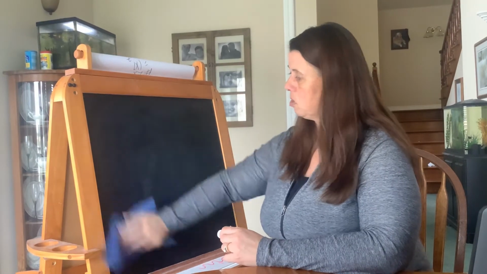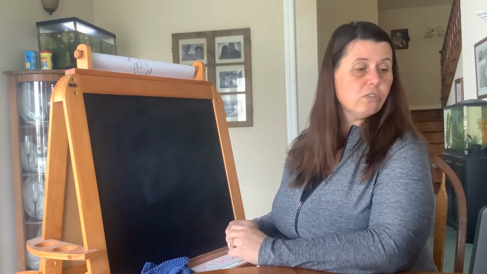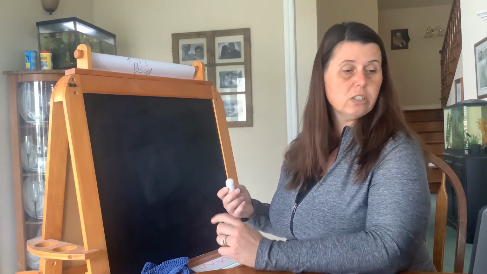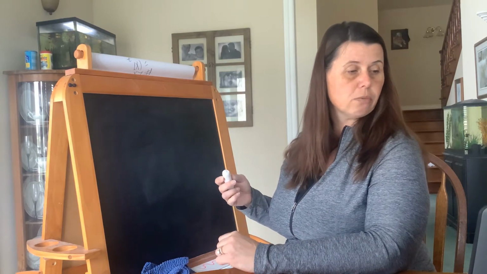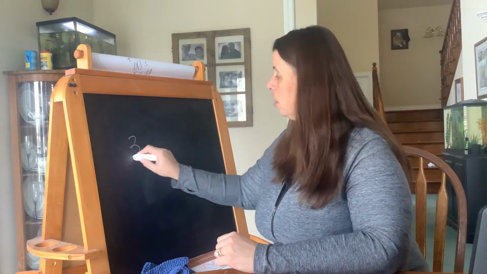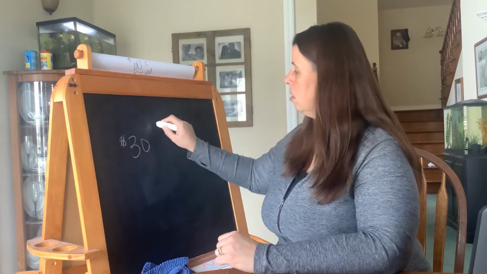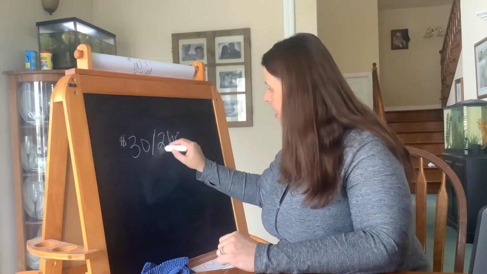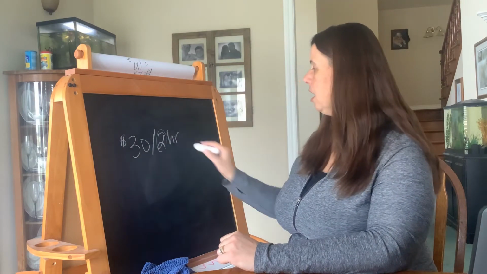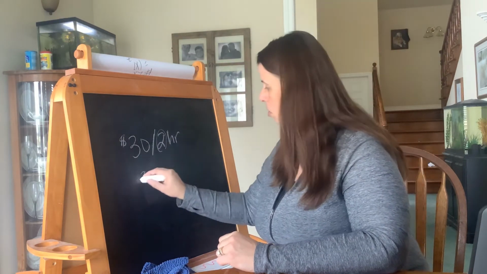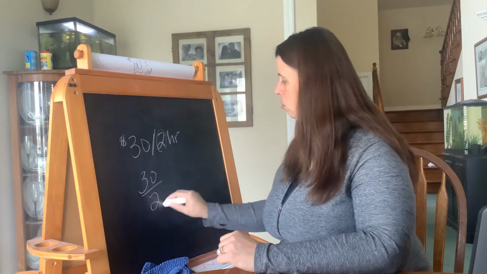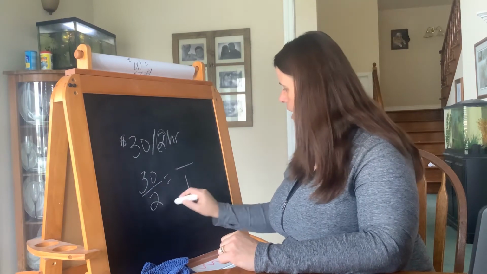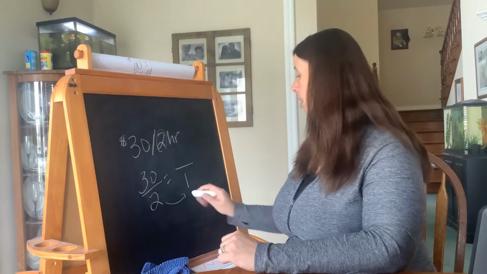All right. So you go figure out, I'll do one more with you just to get you started. I'll pick one halfway through. So we have $30 per 2 hours, right? We want to get this down to 1. How do we get 2 down to 1? So 30 over 2 is what over 1? How did I get from 2 to 1? Well, let's go this way.